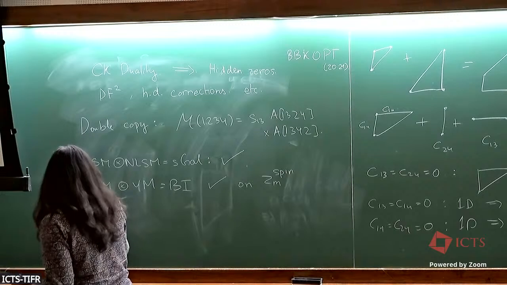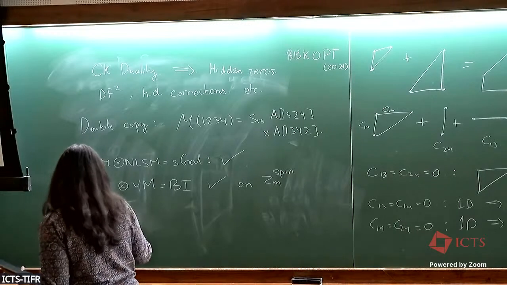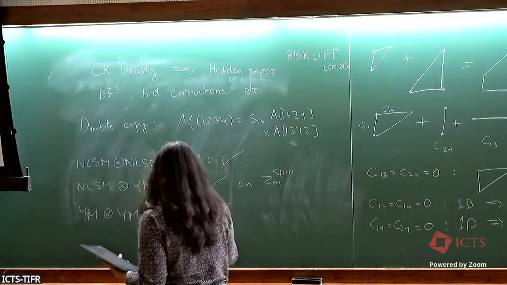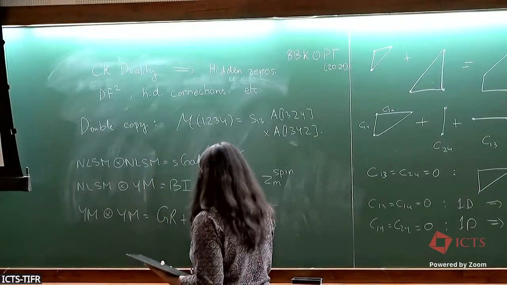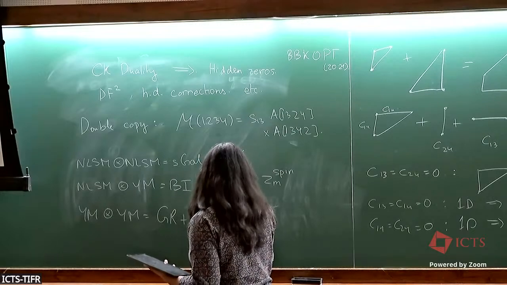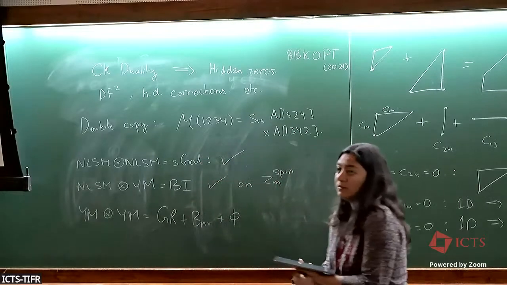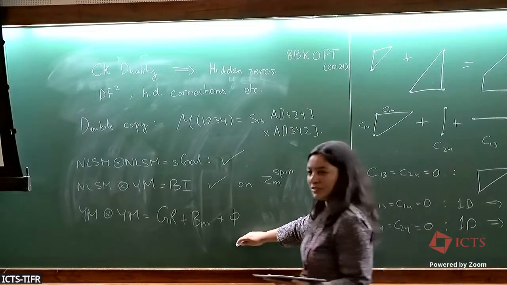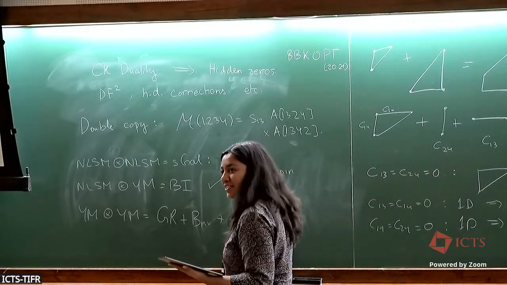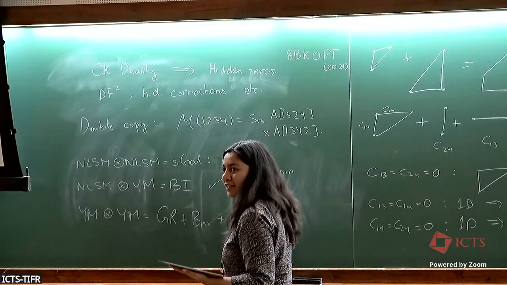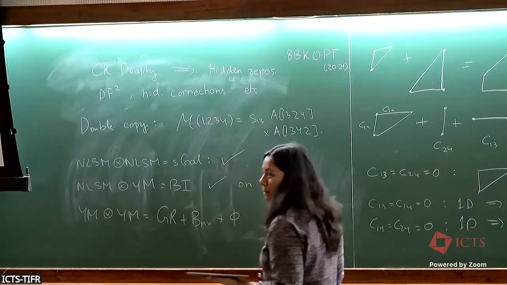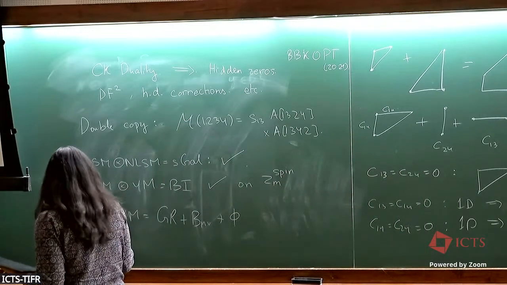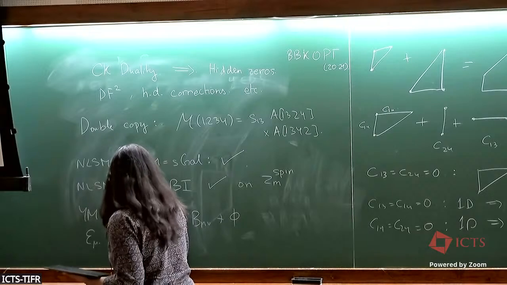And then finally, we saw that Yang-Mills times Yang-Mills equals gravity plus antisymmetric B field plus a dilaton in d dimensions. Did JJ talk about this? I think he did. Okay, well, you have a polarization here, you have a polarization here.